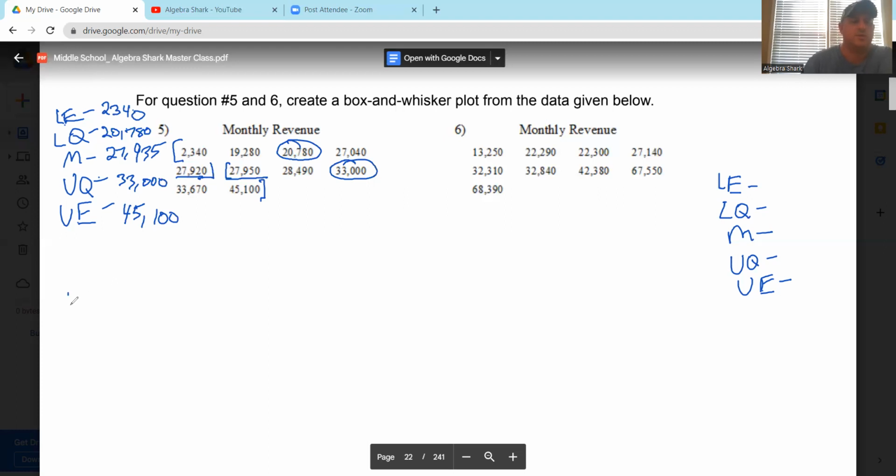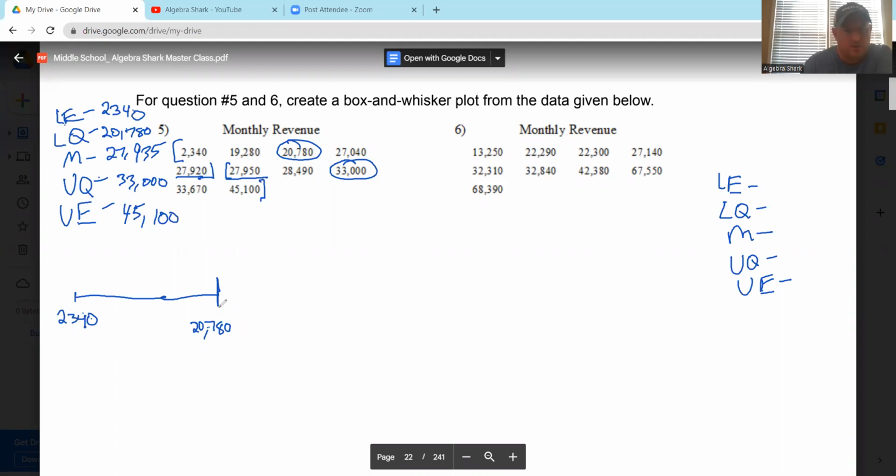All right, so we're ready to make our box and whisker plot. So we got our 2,000, and it's really hard to write with this pen. So I'm sorry that it looks a little crooked. All right, and then we have our lower quartile at the beginning of the box, which is at 20,780, right?